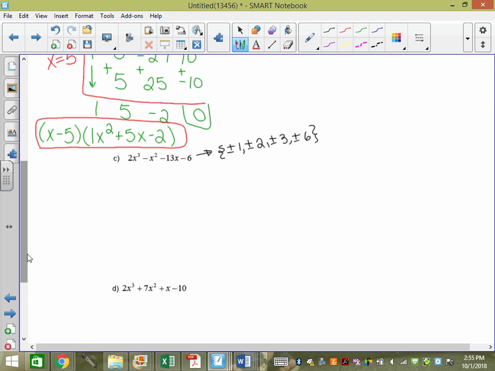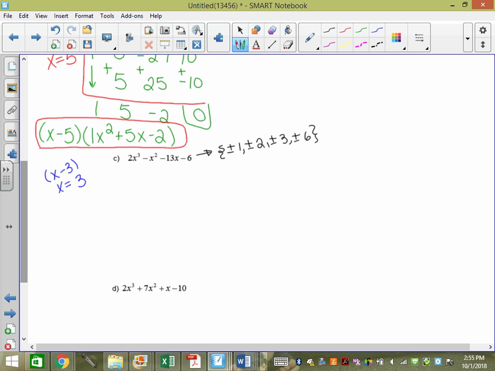Which x-intercept? Which x-intercept works? First person to say one wins. Yeah. 3. So we're going to use x equals 3 with the factor then would be x minus 3.